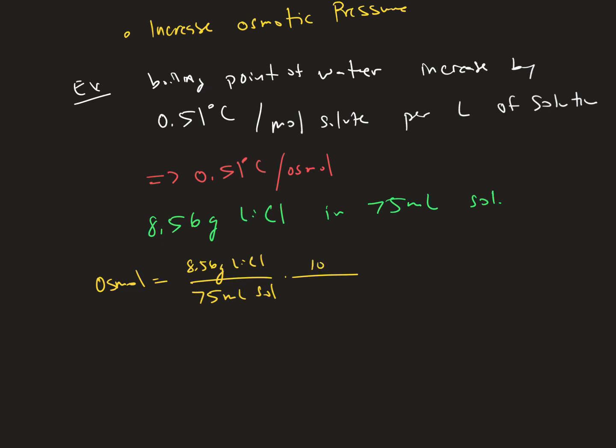So 1,000 milliliters on top so that it cancels to 1 liter. Okay, we good then? Got to convert grams into moles. So 1 mole of lithium chloride has a mass of something.